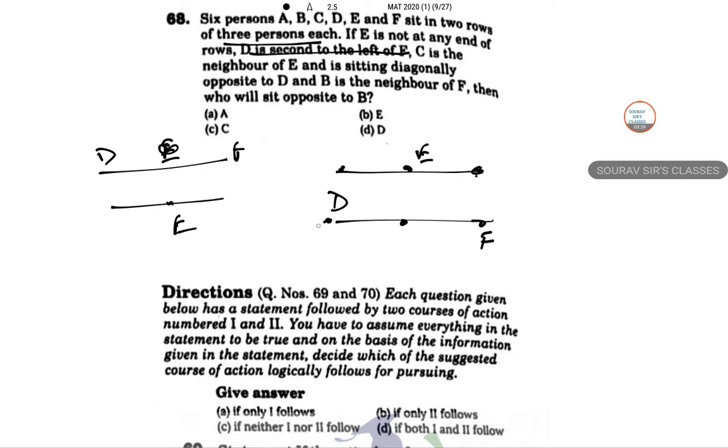C is neither of E. She is the neighbor of E. So, in this case we can do it on the right-hand side. And E is sitting diagonally opposite to D. So this is diagonally opposite, this is diagonally opposite.